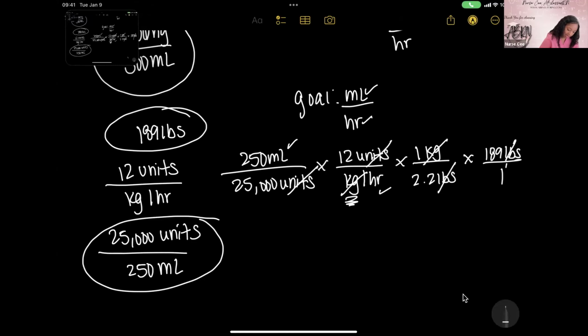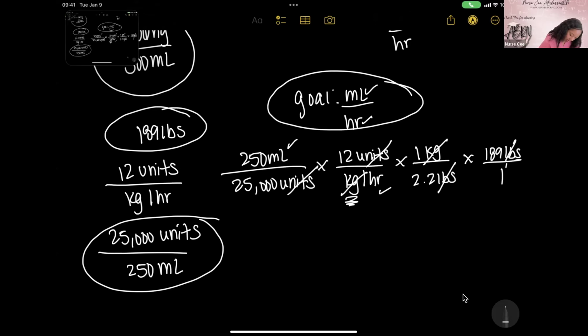They cross out. Everything is now gone except for the goal. Okay, so we'll multiply across the top, multiply across the bottom, and divide. So it'll be 250 times 12 times 189 divided by 25,000 divided by 2.2.